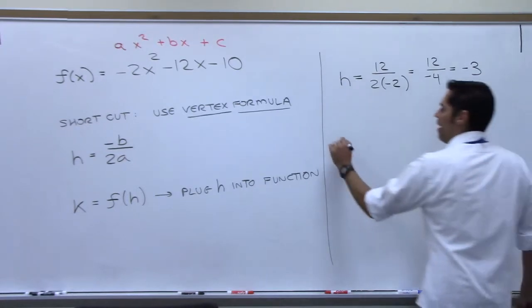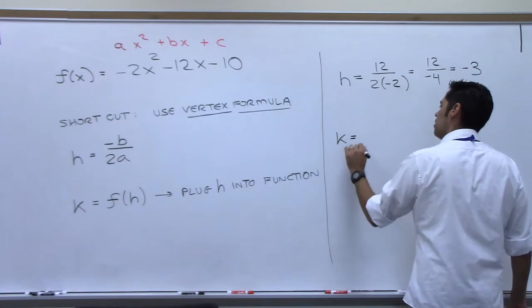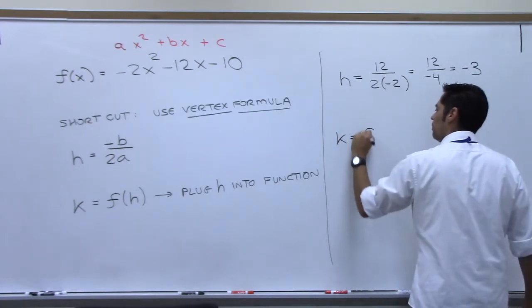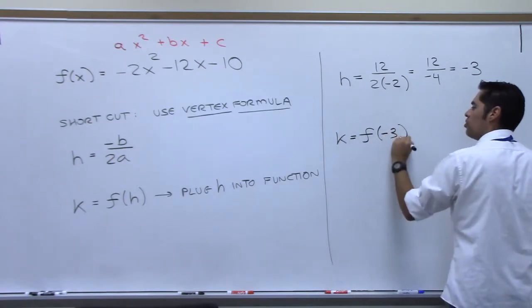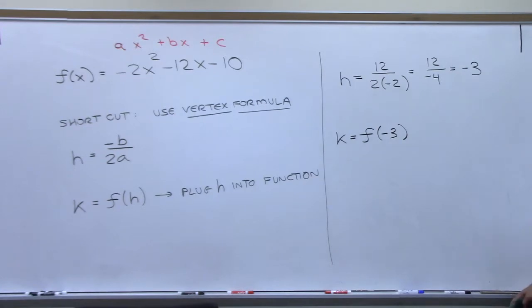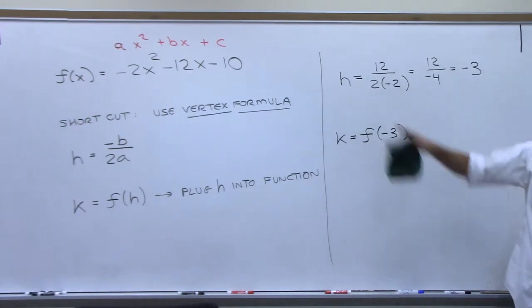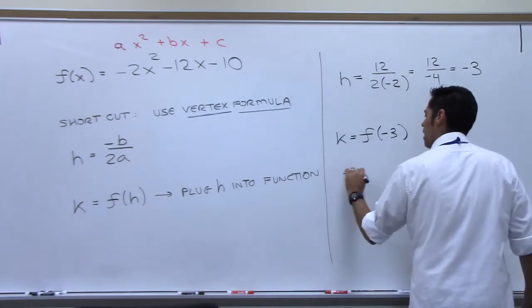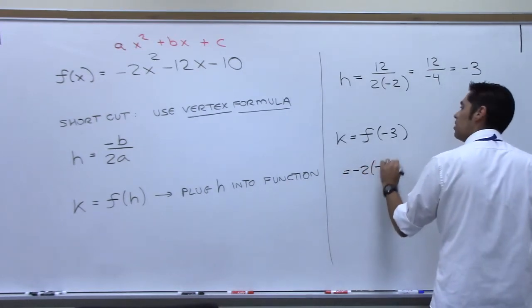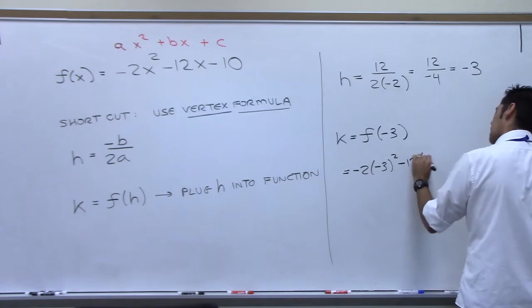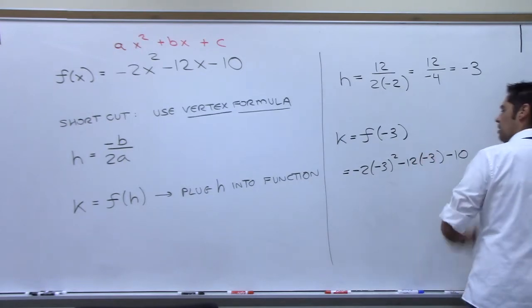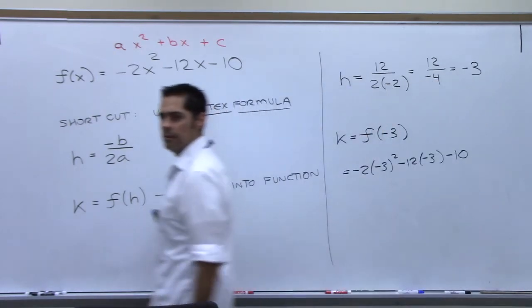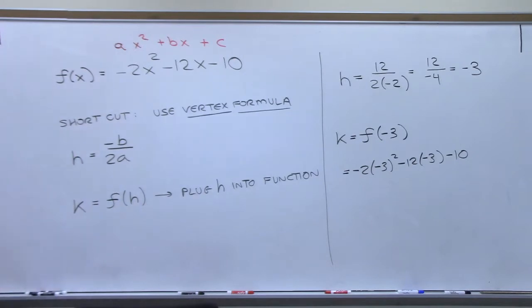Now, to get k, all we need to do is take that answer and plug it into the function. Take this answer and plug it back in up there. So this is negative 2 times negative 3 squared minus 12 times negative 3 minus 10. Whatever that is. It's going to be 8, but go ahead and do it yourself.